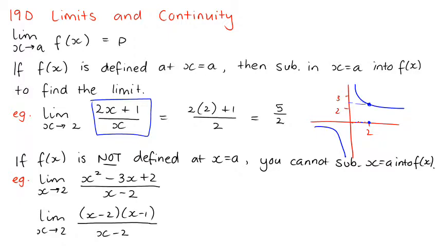Now we can cancel out the x minus 2 on top and bottom. So now we have the limit as x approaches 2 of x minus 1. Now we can sub in x equals 2, so 2 minus 1 equals 1. So anytime you get a 0 on the bottom, generally you've got to factorize at this stage. Okay.